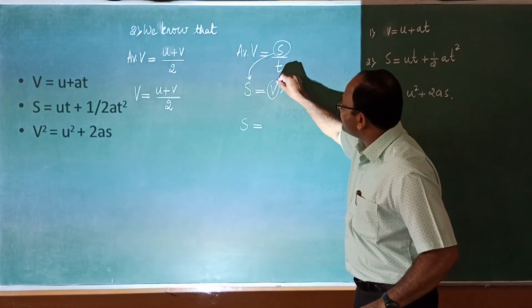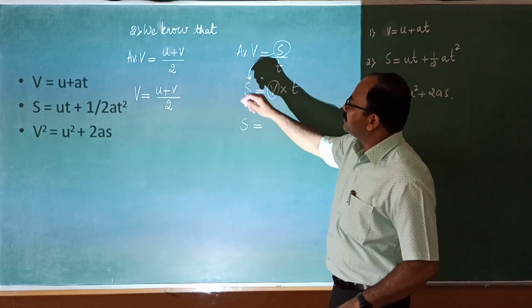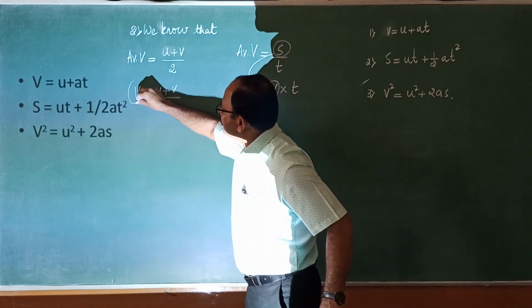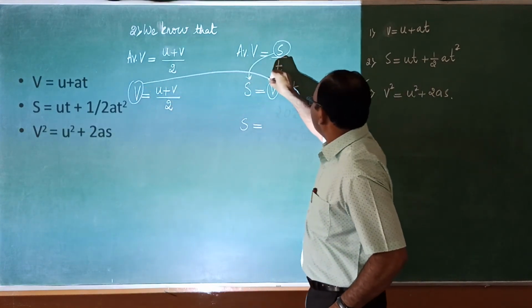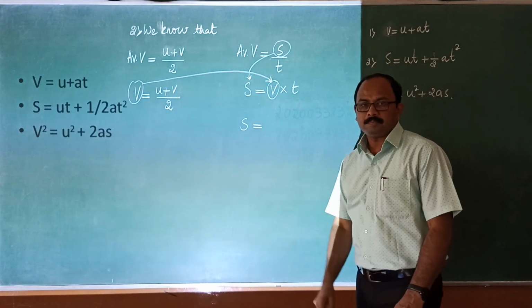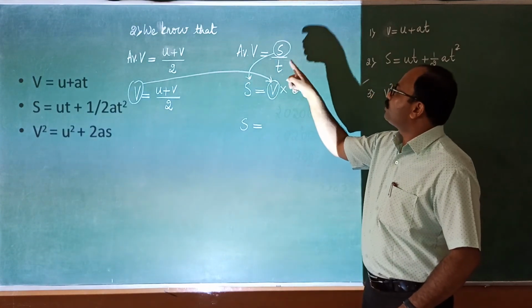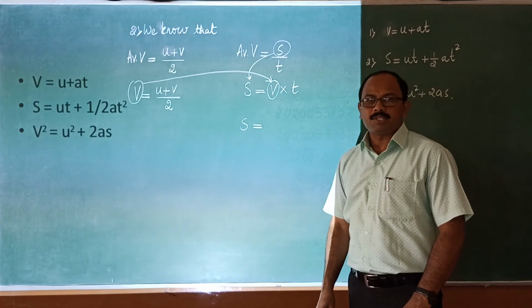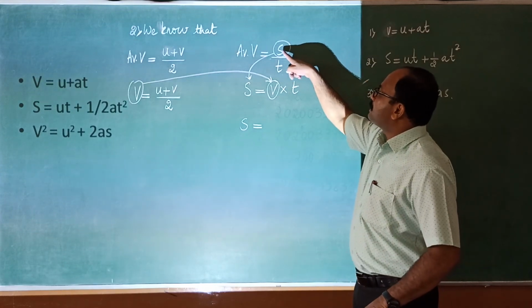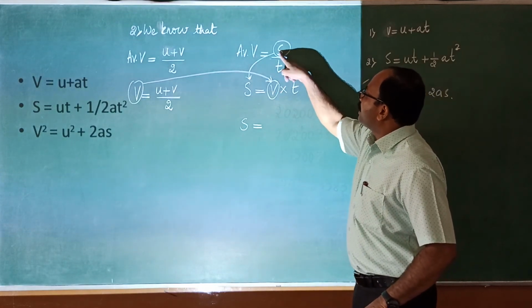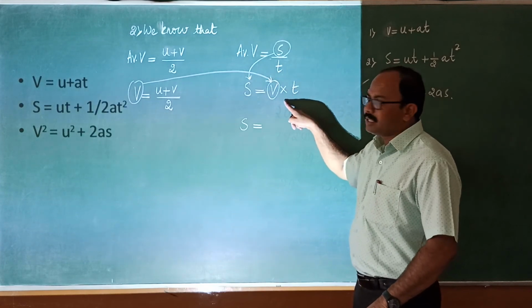This v, I take the support of this v, children. First two formulas we have taken, children. Then 1 cross multiplication divided by 1: 1 into s is equal to v into t.